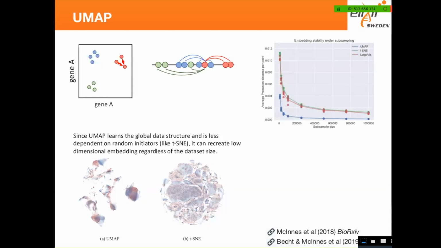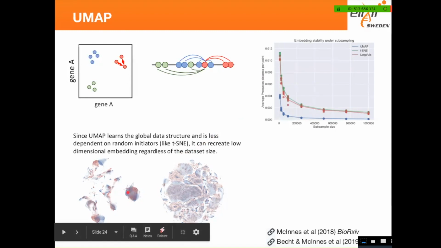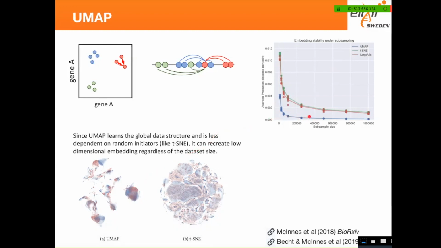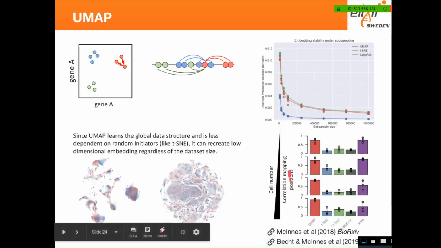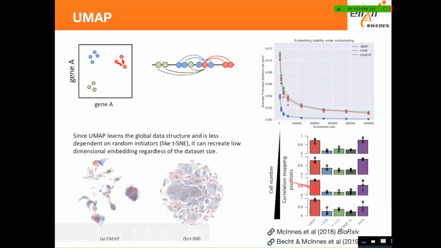And because of this feature as well and those mathematical tricks, for example, the distance of one cell here and then the corresponding cell in the red data set will be kind of here. So the distances in the UMAP, if you run them twice or on 2 different data sets and try to compare them, will be very low compared to the other ones, to the tSNE, for example, or LargeVis, which is another graph-based dimensionality reduction. Yeah, and this is also correlation of mapping position.